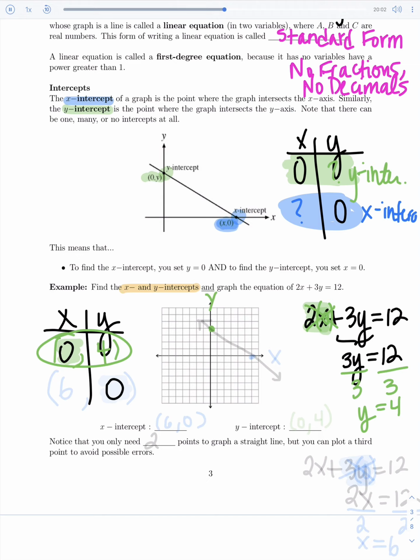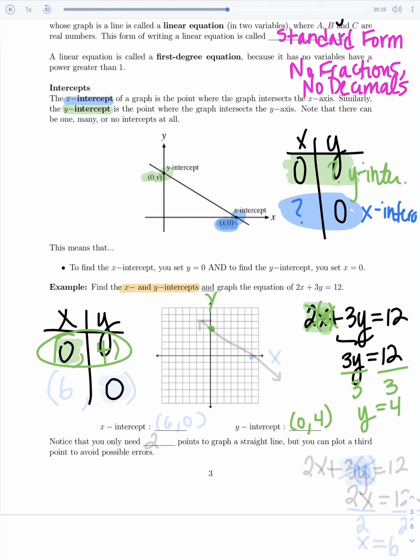We found a y value, so it's a y-intercept. So our y-intercept is the point 0, because we plugged in 0 for x, comma, we got out a y value of 4. That is our y-intercept as a point. It should have an x and a y, and you still have to list the x even if it's 0.